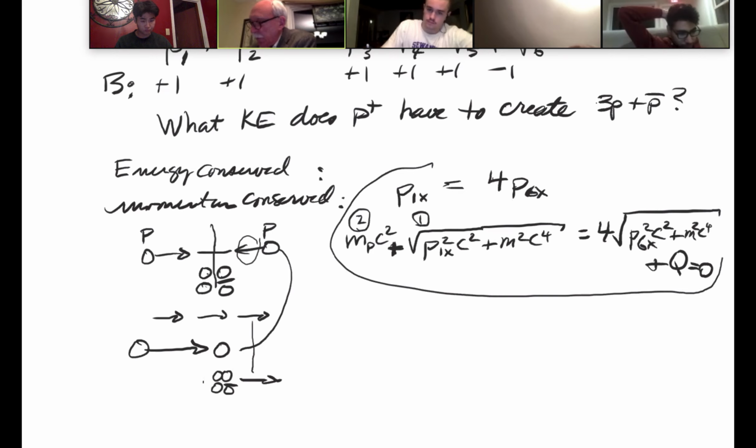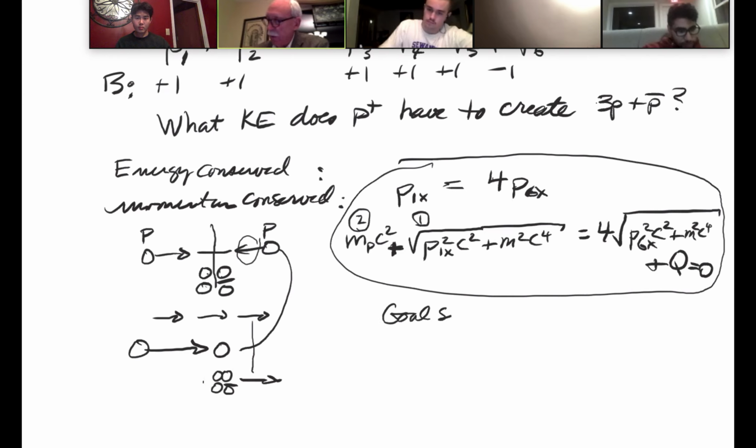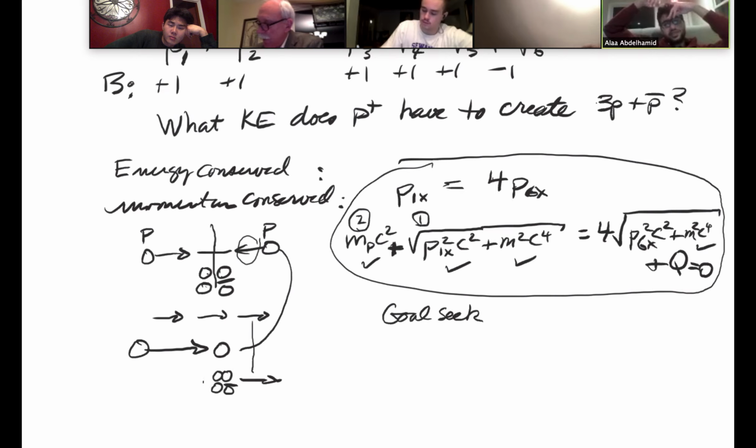Now you can solve these two. And the easiest way to solve those, if you don't want to do it algebraically, is to use Excel and go. How many unknowns do you have here? Just one, momentum, right? Since you know the incoming energy of the projectile, you know that. The only thing you don't know is this one.